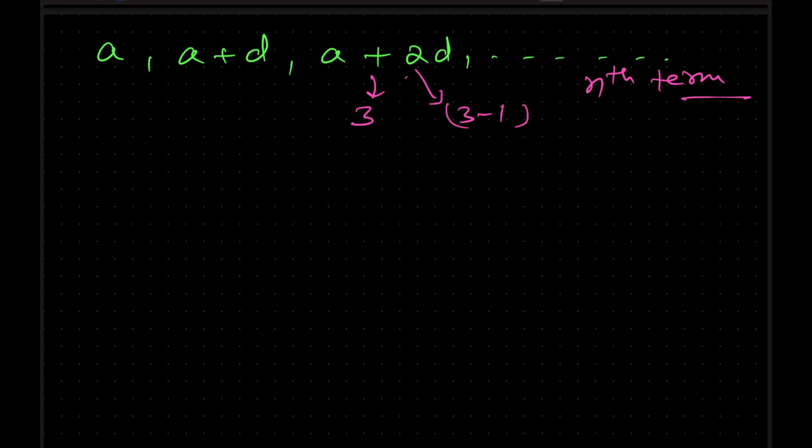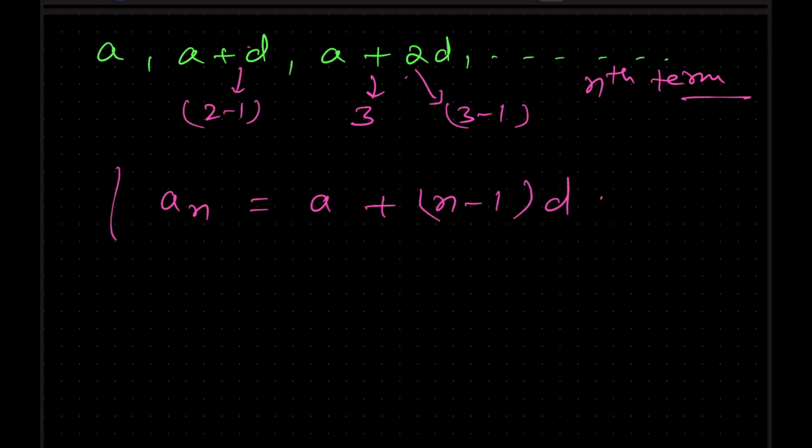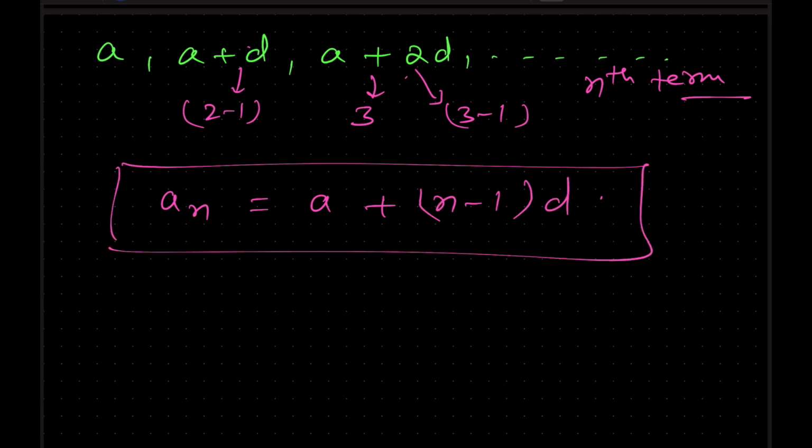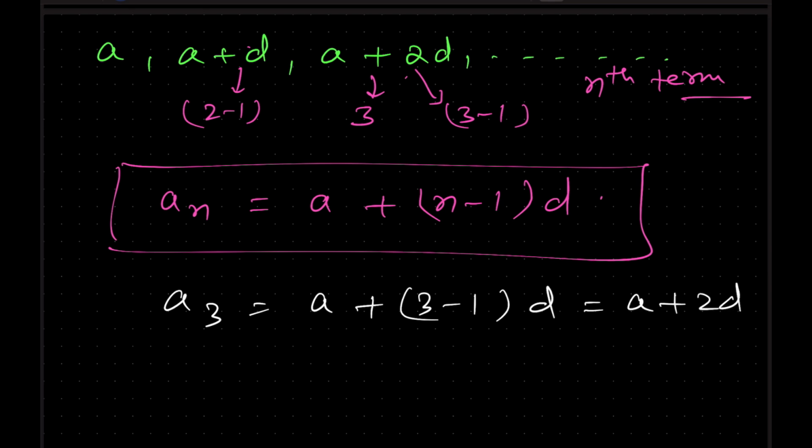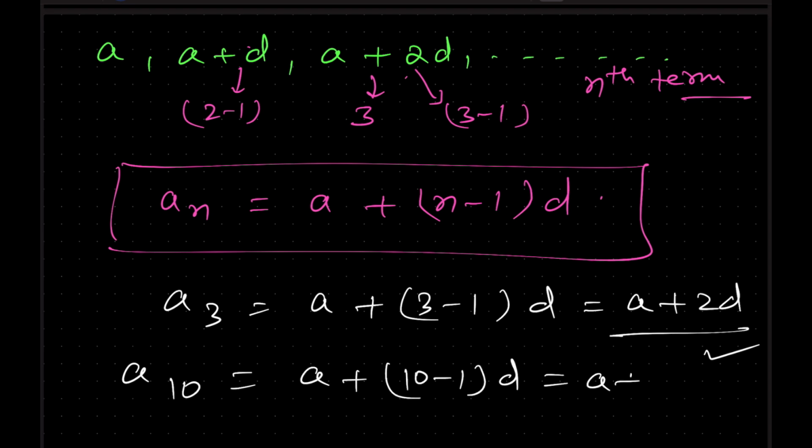Similarly, for the second term, 2 minus 1 is 1. So for the nth term, A plus (n minus 1) times D will be the nth term. You can put in values and check. For the 3rd term, A plus (3 minus 1)D, that is A plus 2D. For the 10th term, A plus (10 minus 1)D, which will be A plus 9D.